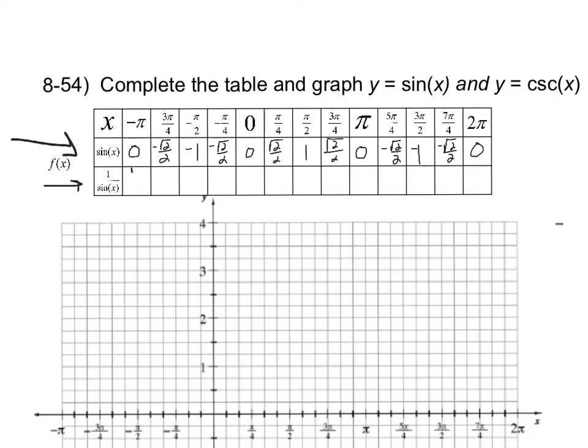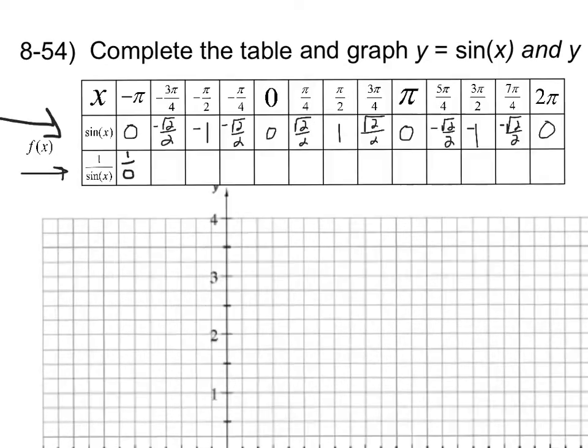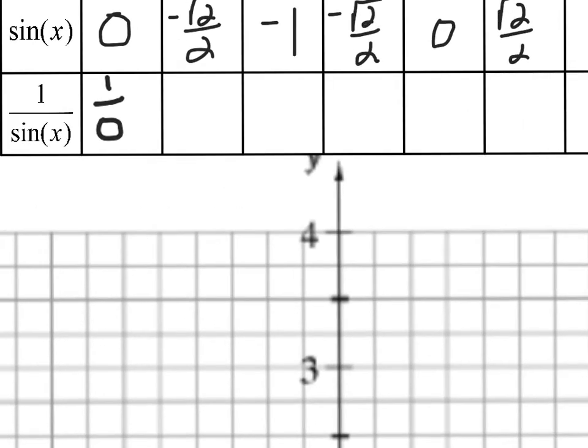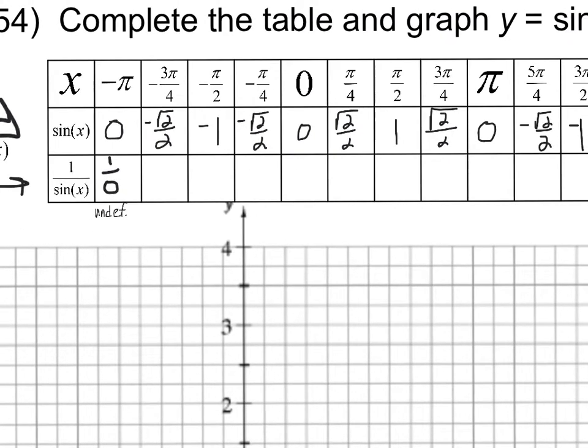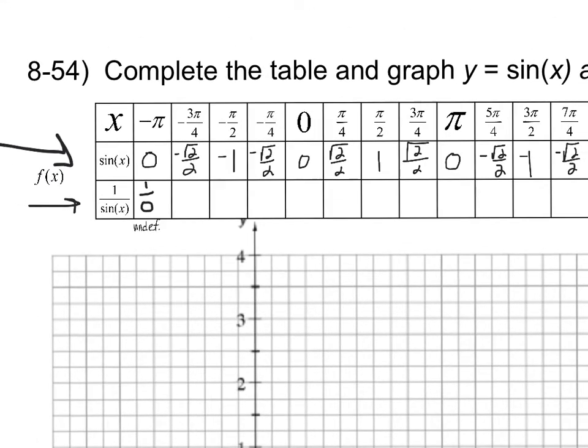So we're going to take 1 over 0. Oh, wait a second. What is 1 divided by 0? Anything divided by 0 is undefined. I'm just going to write undefined, short for undefined. Now, at a negative 3 pi over 4, my sine function is a negative square root 2 over 2.